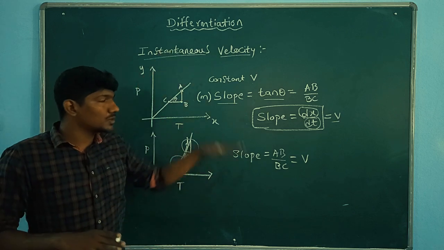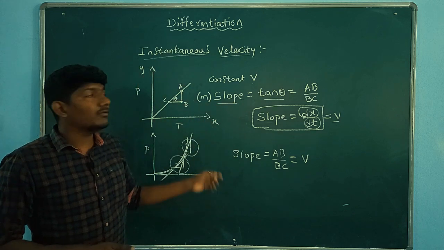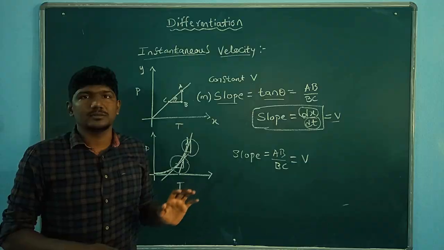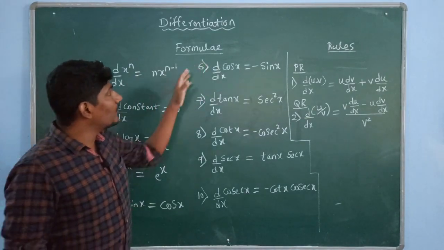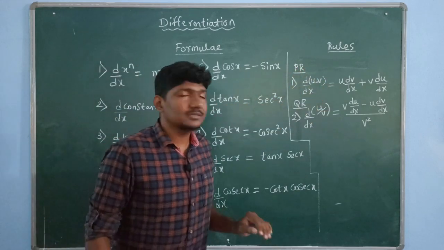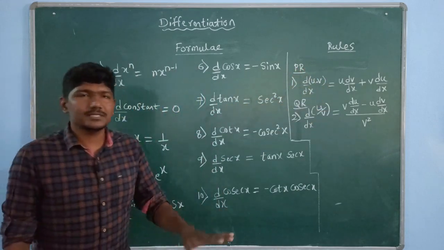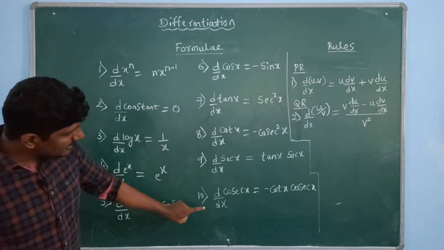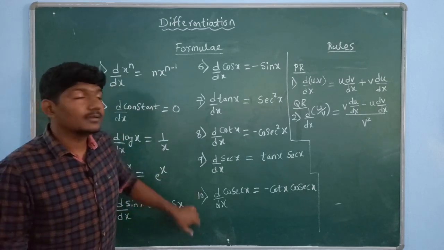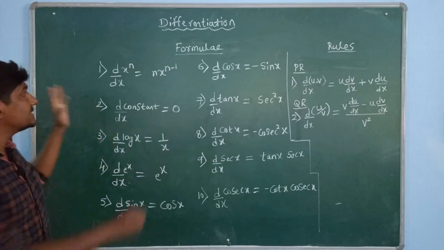Today we will see those rules as well as formulae, and we will try some examples also. These are some formulae and rules. To do differentiation you need to know these things. There are 10 formulae. Out of 10, let's see the first one.